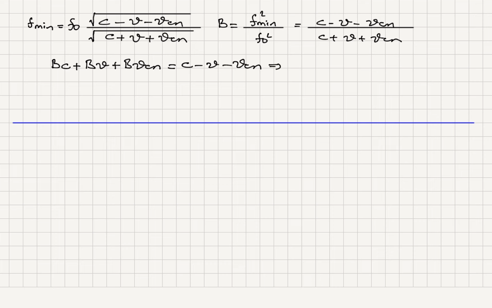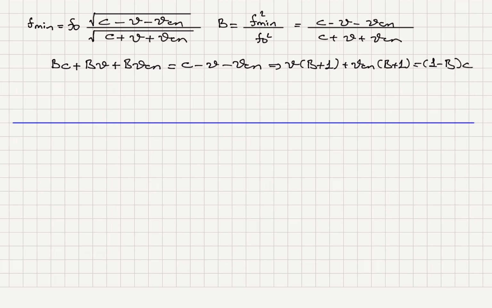That gives me, in parentheses, if I take it to the left hand side, V times B plus 1. And if I take this one to the left hand side, plus V center of mass times B plus 1 is equal to, I take BC to the right hand side, I have 1 minus B multiplied by C.